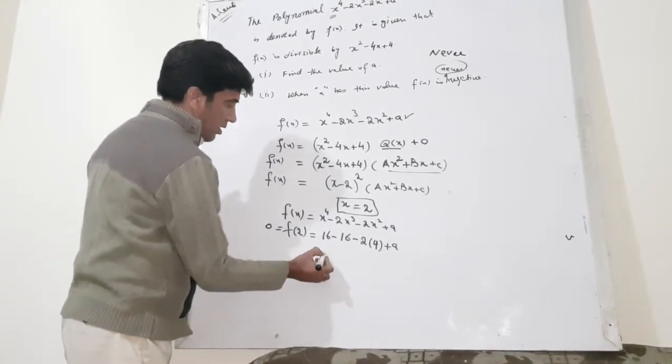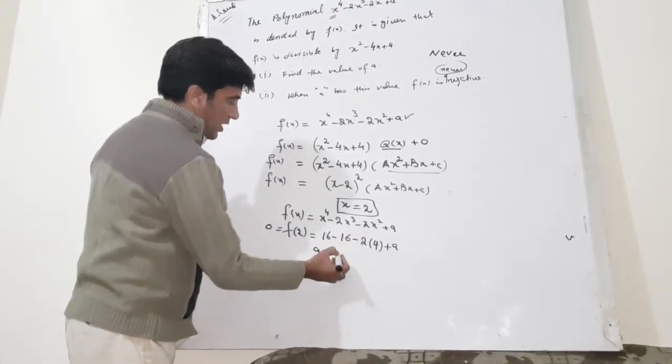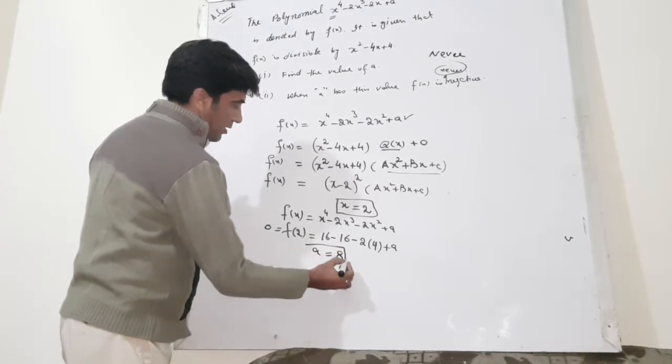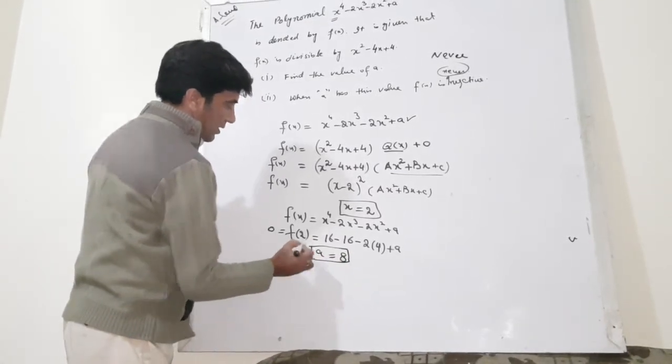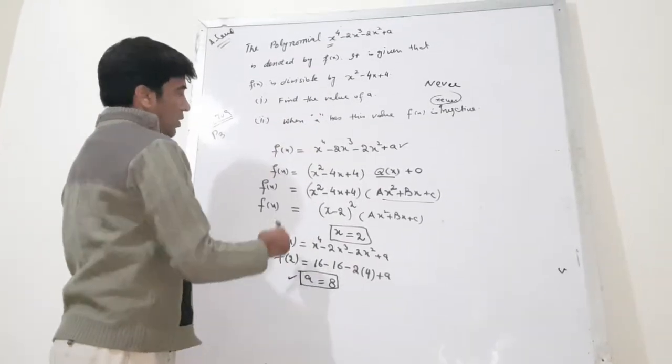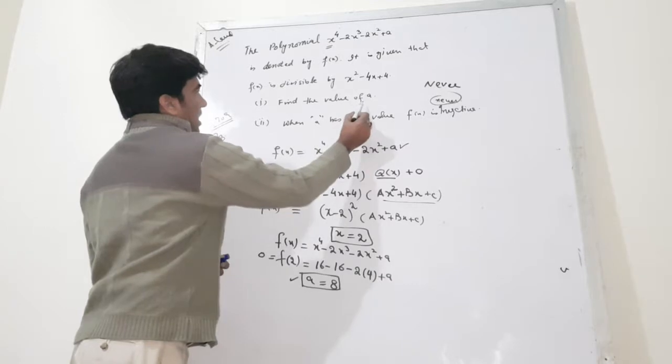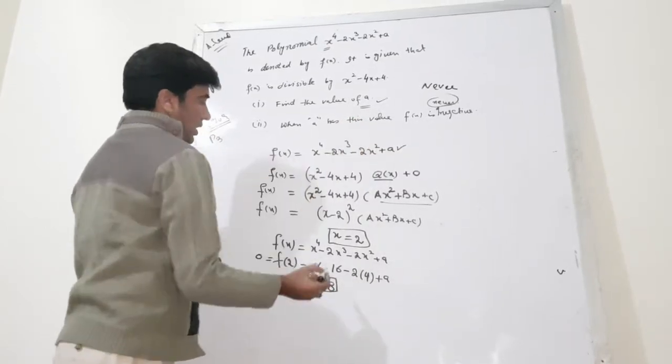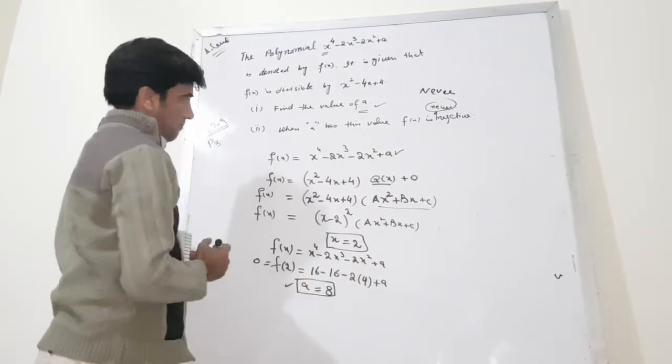From here, by simplification, you get a = 8. That is what he is asking us. So this way we do the first part of this question. The value of a is 8.